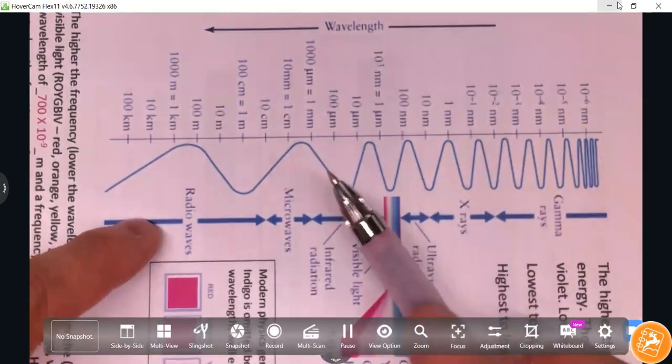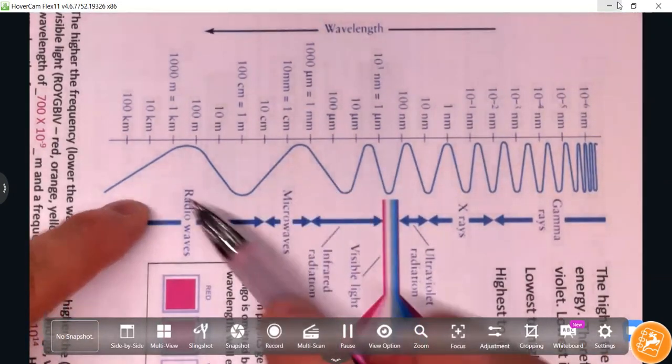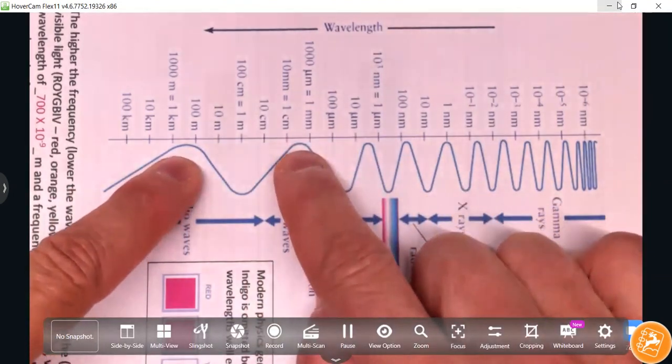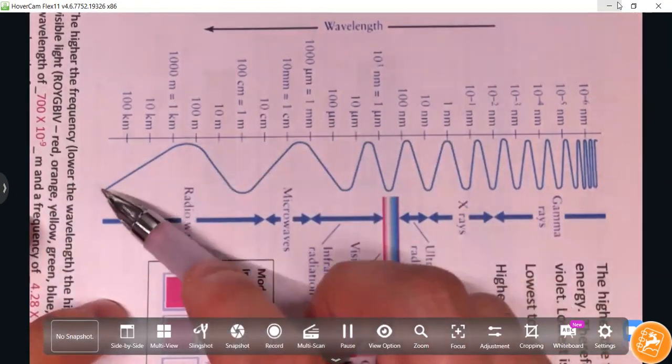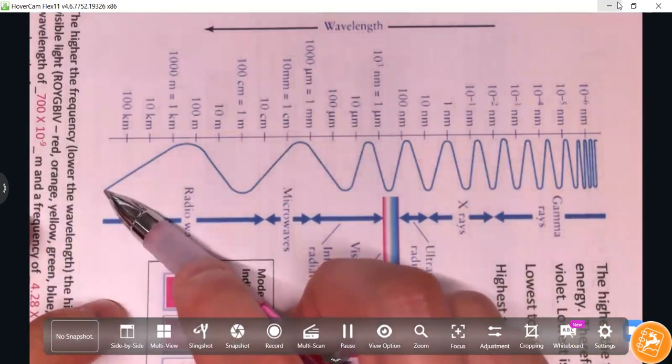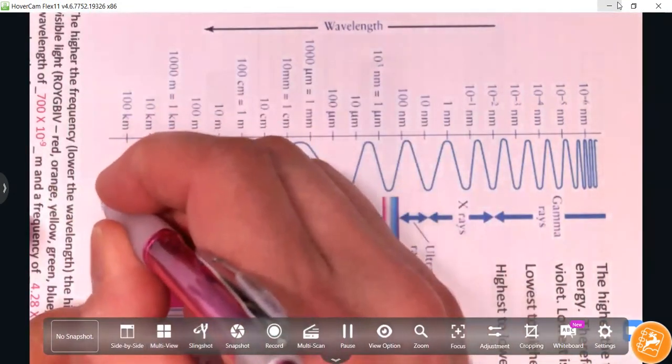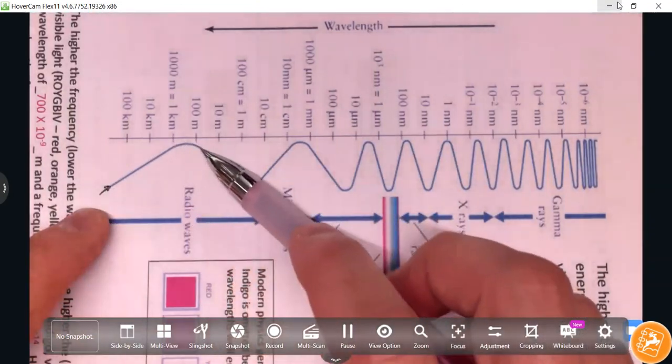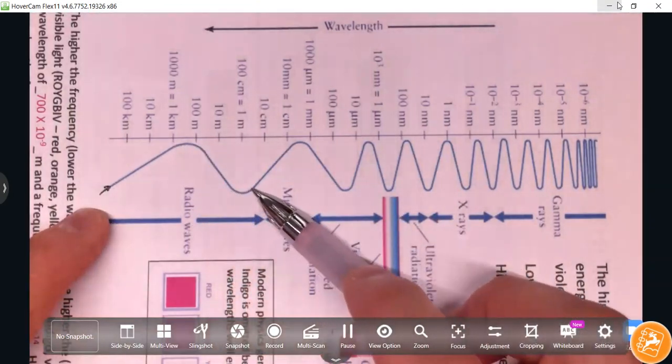Now, there are two properties of the wave. We have a wavelength. Anytime the wave repeats itself, there are a couple of ways to measure it. If I start right here, I'm concerned about where my wave starts going up like this again, and it starts up right here.